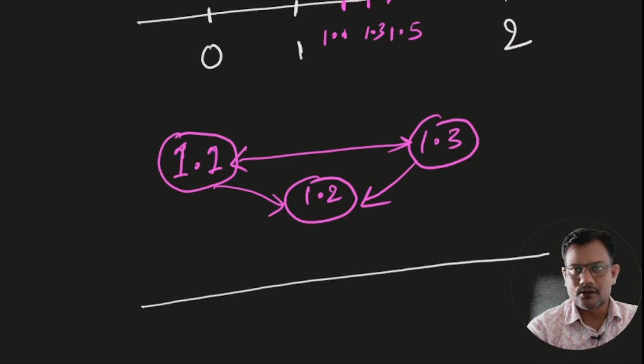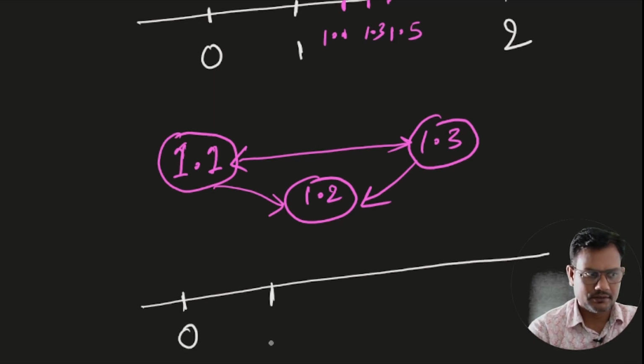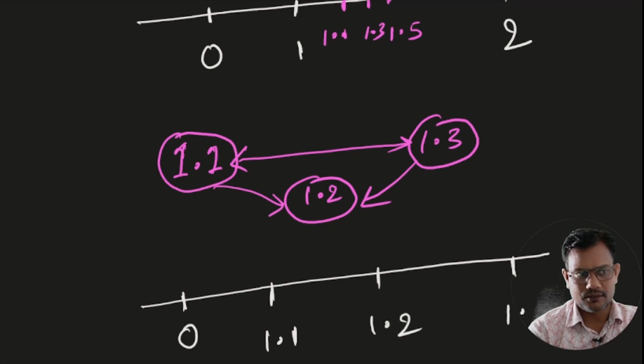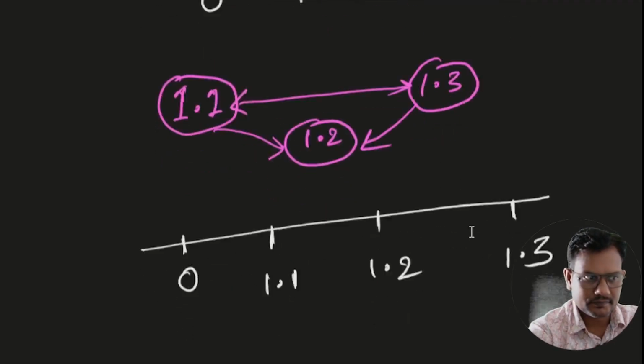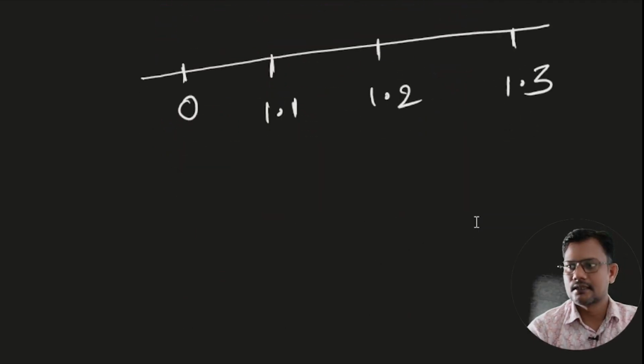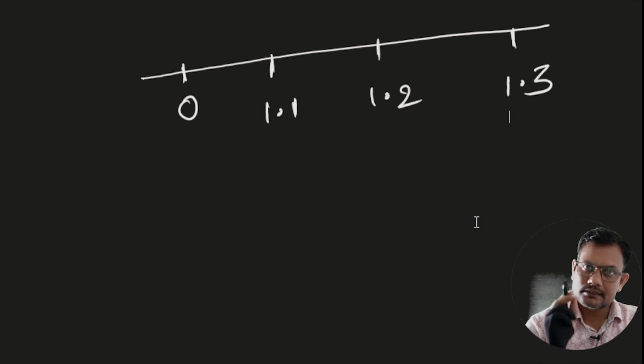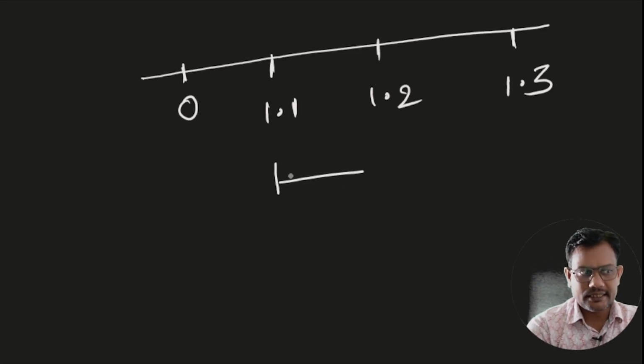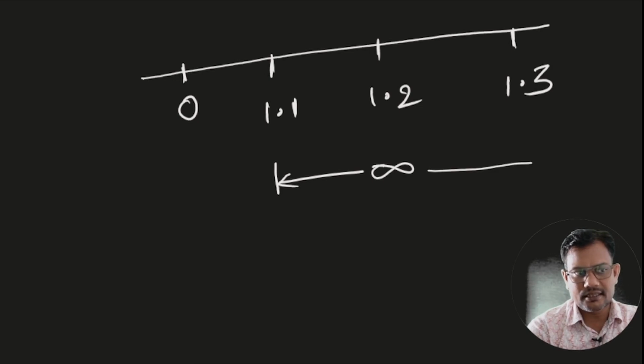Now let me plot these three numbers only on the number line: 0, 1.1, 1.2, 1.3. Right? Now still we can say that we have infinite rational numbers on the number line. We can say infinite rational numbers between these two numbers, right?